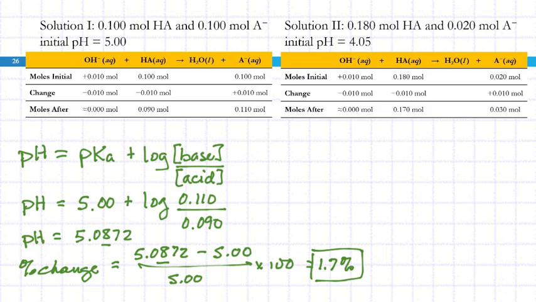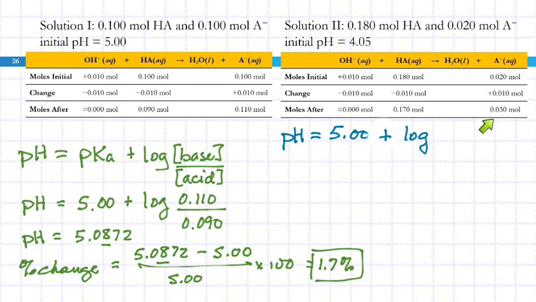And again, we want to do that in molarity. It was 1 liter of solution, so the moles and the molarity are the same. So the pH is going to equal the pKa, which is still 5. The initial pH was different than 5 again because this ratio was different. So 5 plus the log of the base concentration. So here's our base.